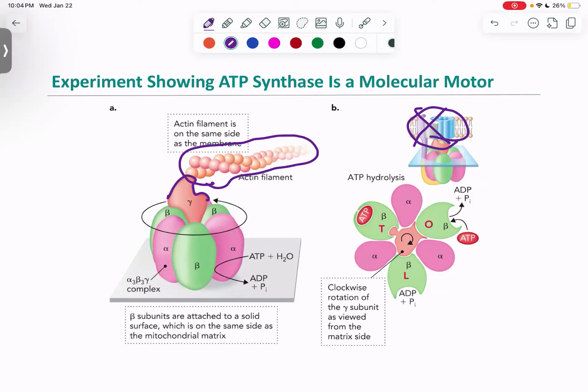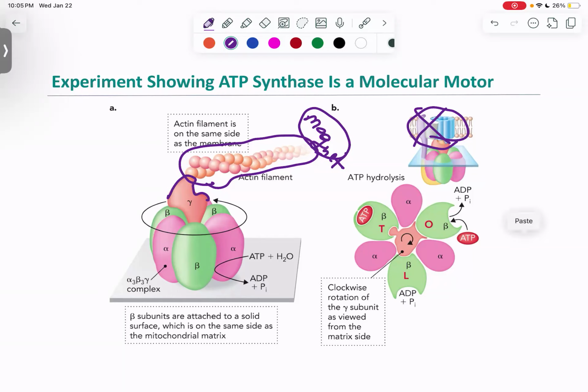They don't show you this, but they put a magnet on the end of this actin filament. And you can put another magnet, right? And you can crank this ATP synthase molecule. Depending on which way you go, it results in either ATP formation or ATP hydrolysis. It's a really, really cool thing.